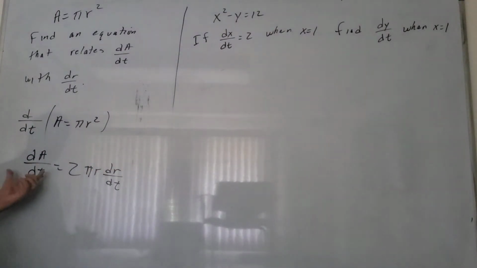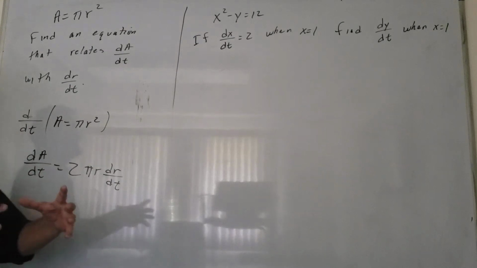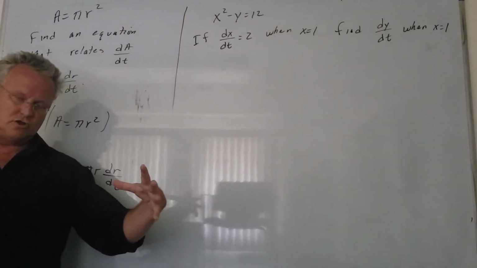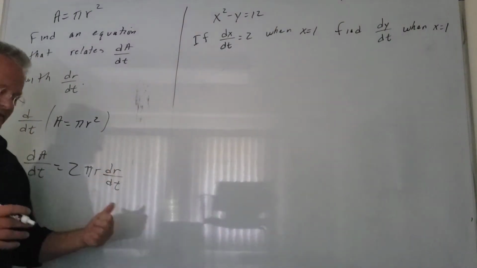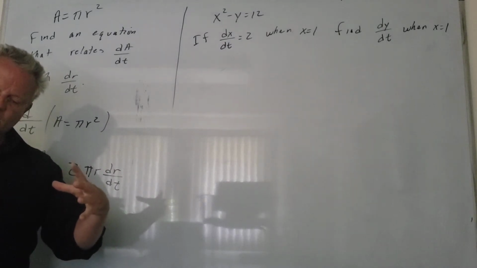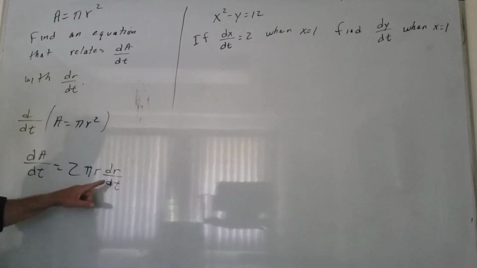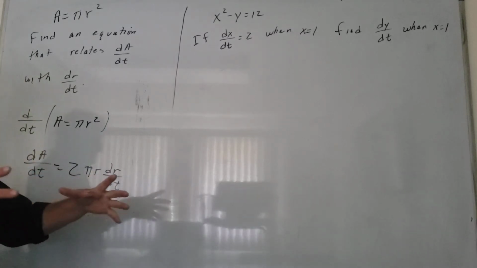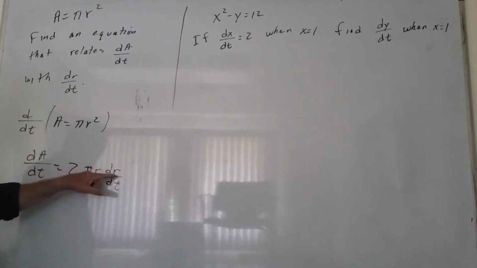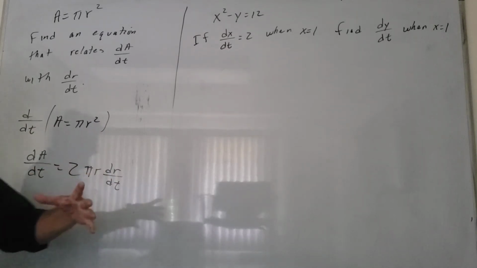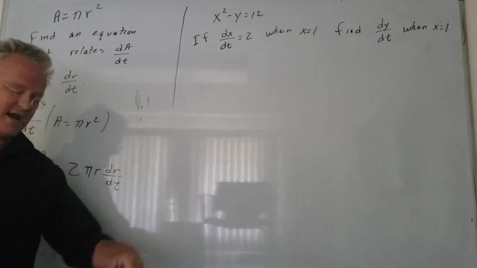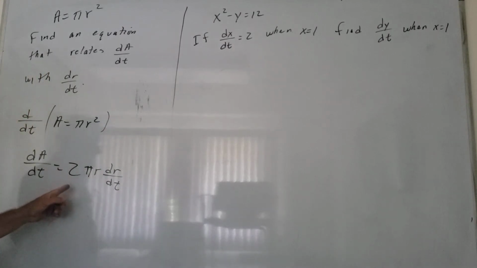So if the radius of some circle is increasing at a certain rate, the rate at which the area will be increasing is going to be the rate at which the radius is increasing times the radius at a certain point in time times 2 pi. That's what this is saying.